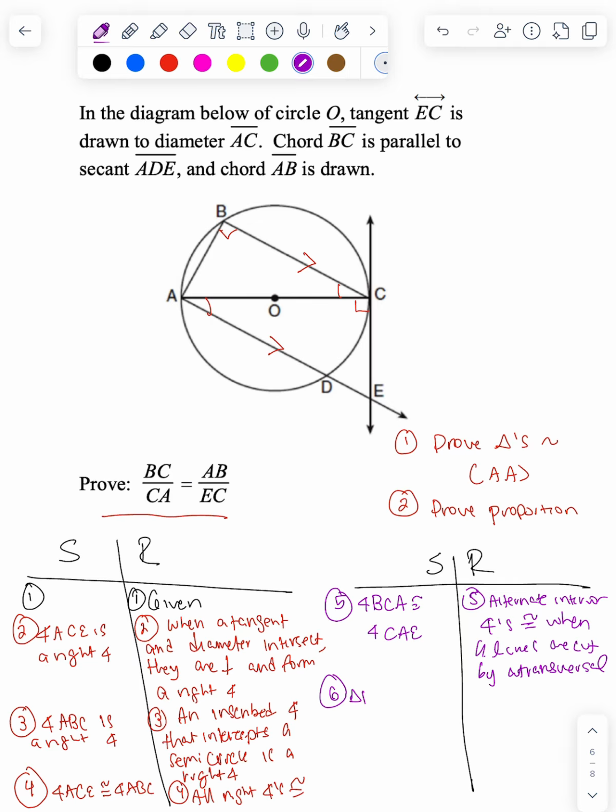Now we can say triangle ABC is similar to triangle ACE by AA. And then we can end the proof by proving the proportion that we need to prove. And our reason is the same anytime you're proving a proportion. Corresponding sides of similar triangles are proportional.